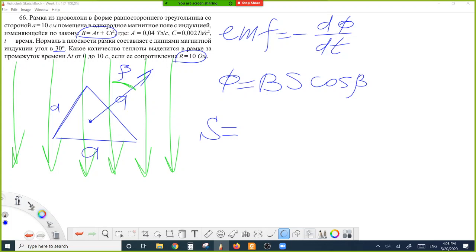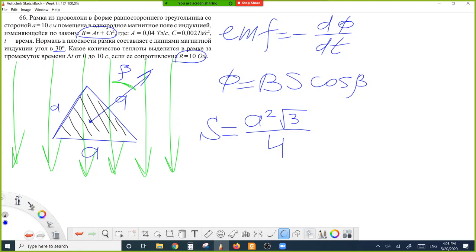The surface, no, the area of the triangle which is equilateral is given with the expression of a square root of 3 over 4.